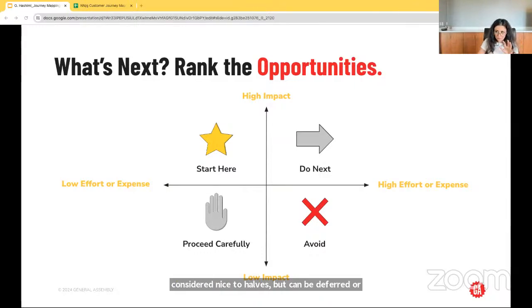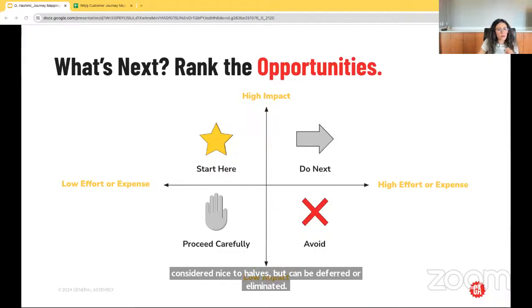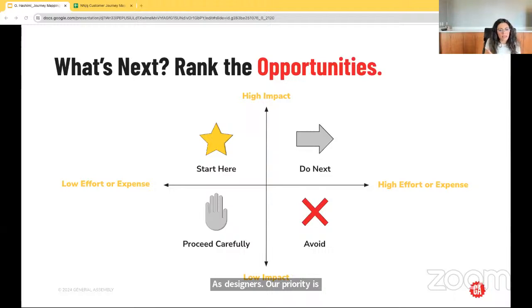So as designers, our priority is really the impact to the users and the business, and sort of a gut feel of what takes less effort. So once we plot this out on a matrix, it's an easier conversation to determine what will be implemented.